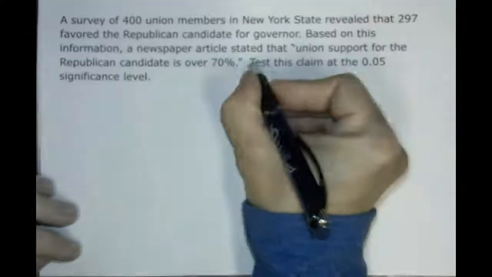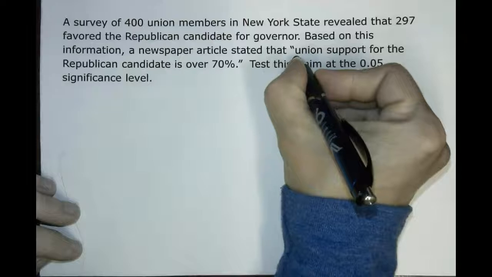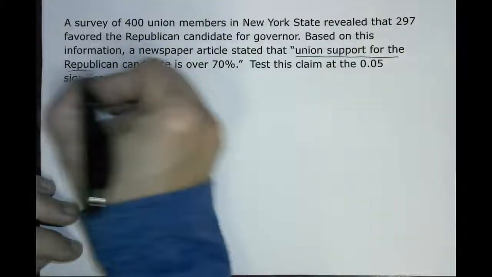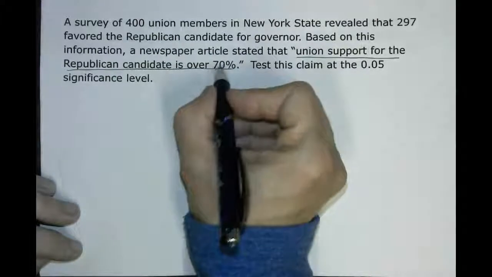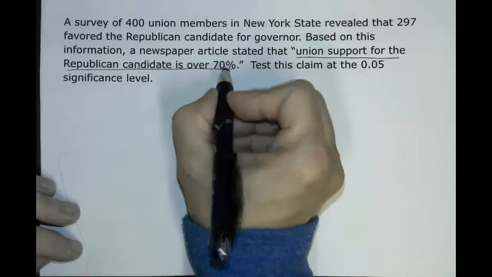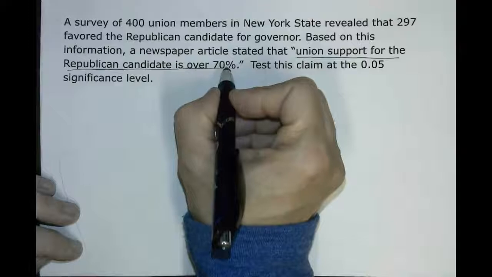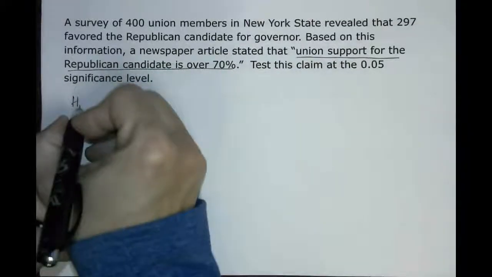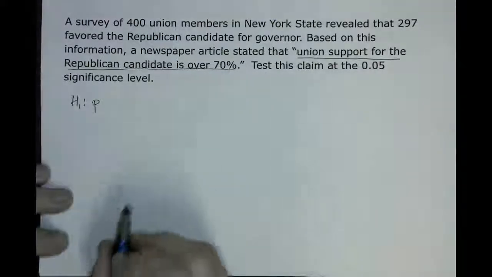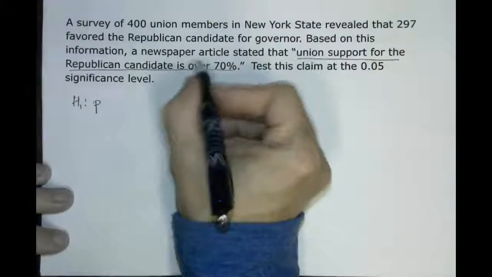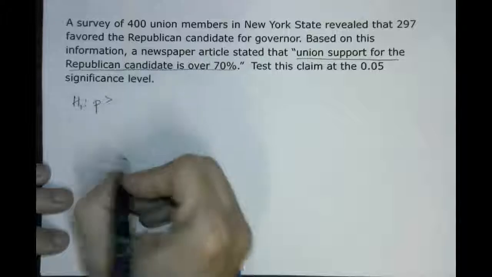So first of all, here's our claim. Union support for the Republican candidate is over 70%. Since this is talking about a percentage, that means that this has to do with a proportion. So the parameter that we're talking about is P for proportion. Then since this says over, that means greater than.